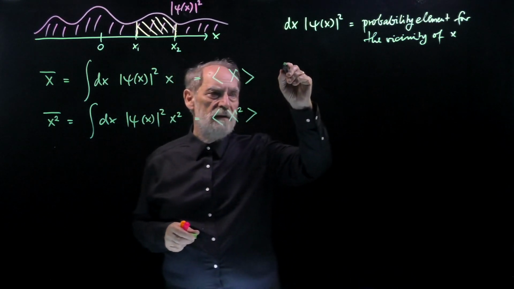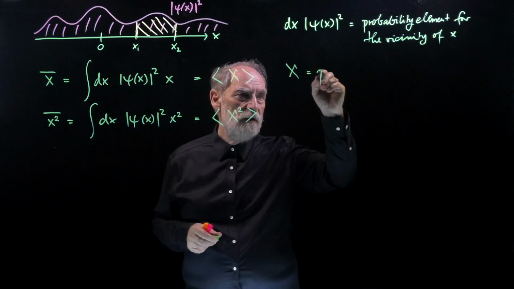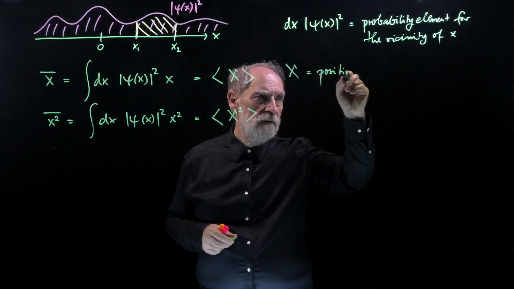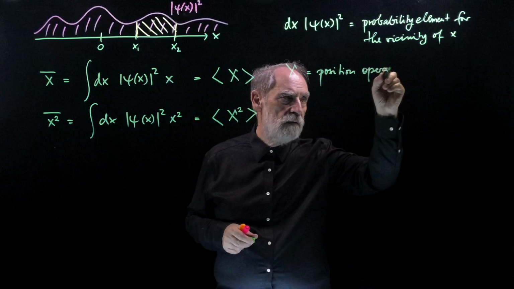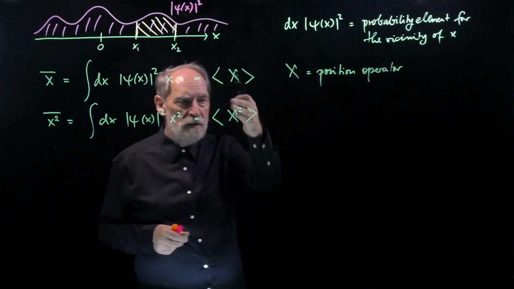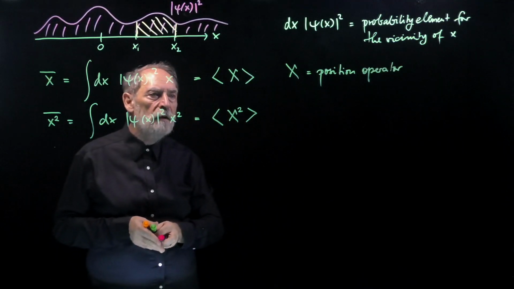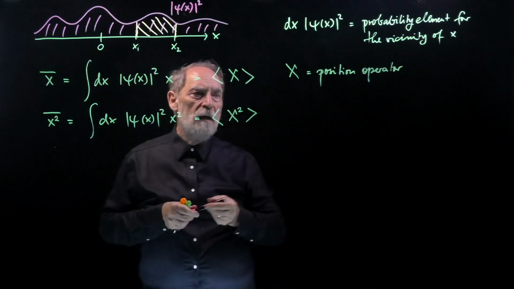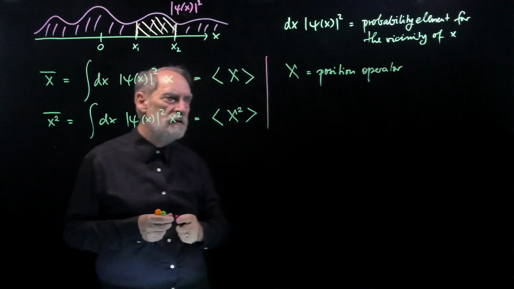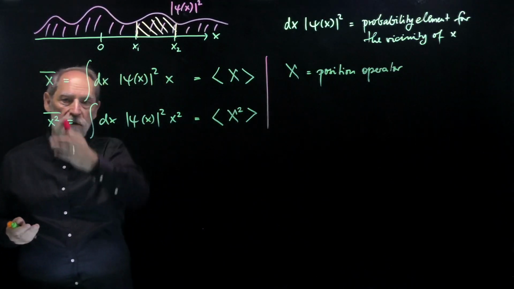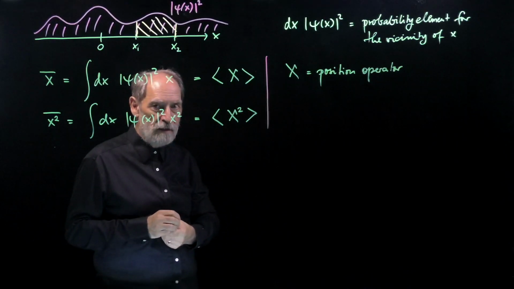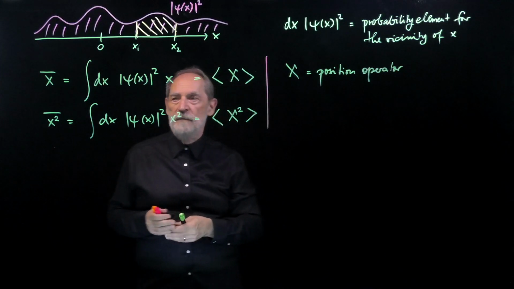So here x is the position operator, and this is the square of the position operator. So our challenge is now to find the x such that these equations are correct as we have written them.